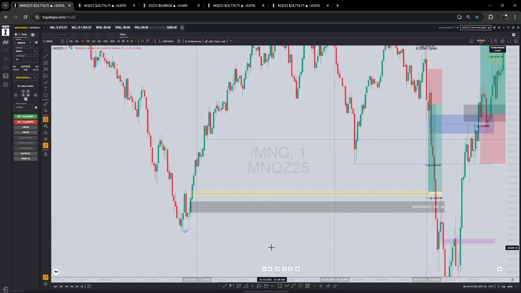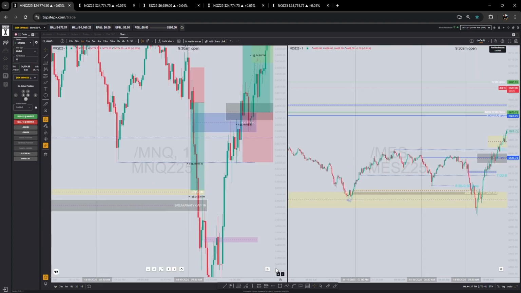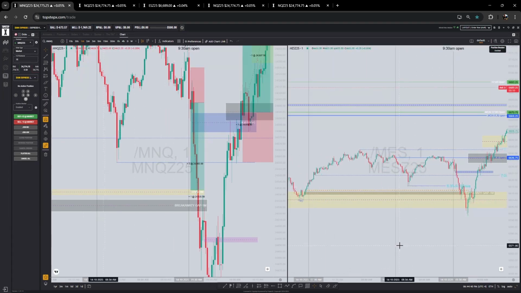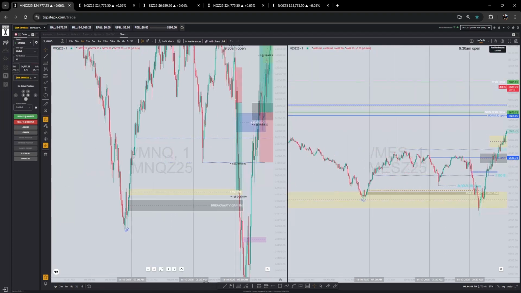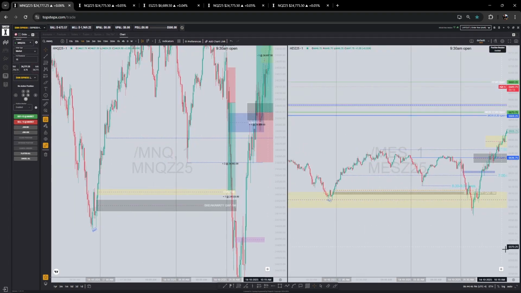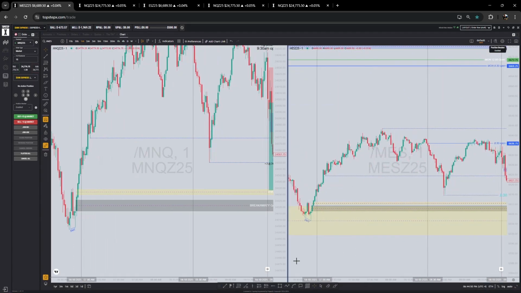On ES we had a breaker, we had SMT here, with ES making the lower low and NQ making the higher high, and we leave behind two fair value gaps breaking above these highs.